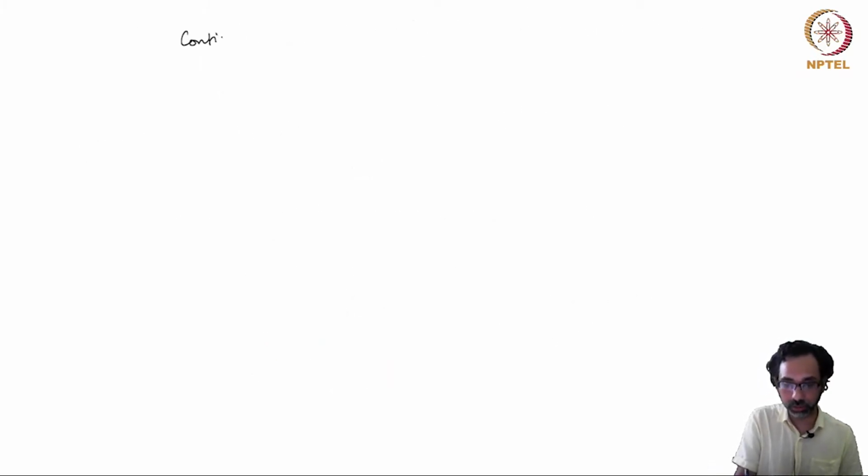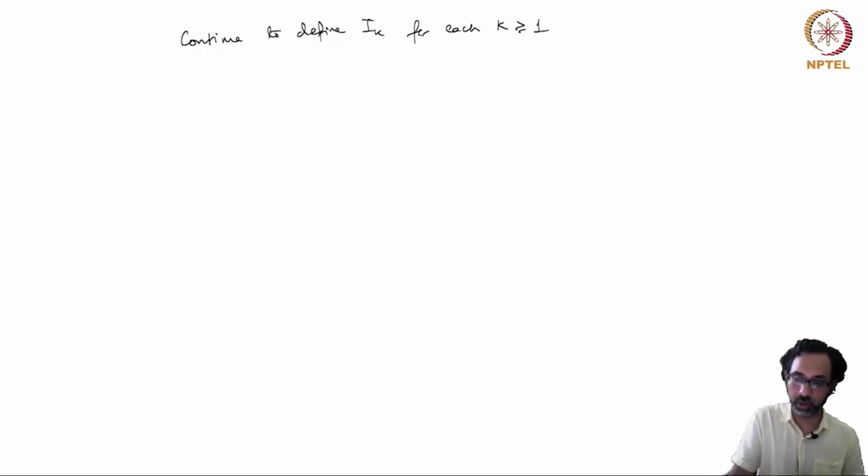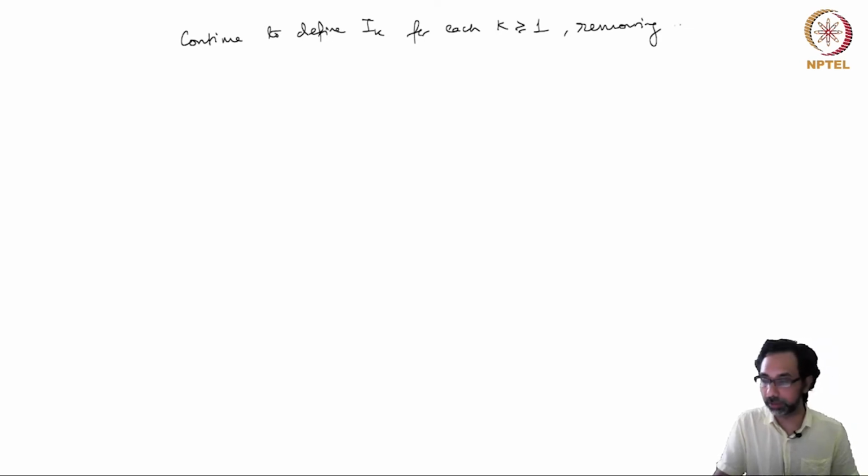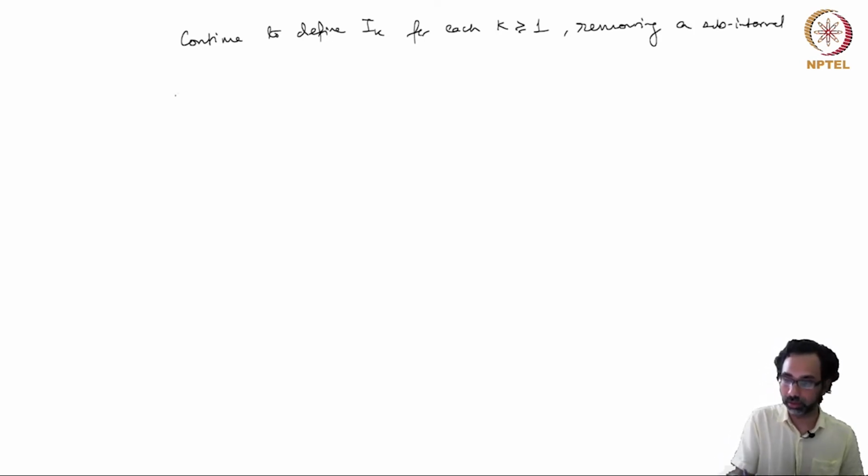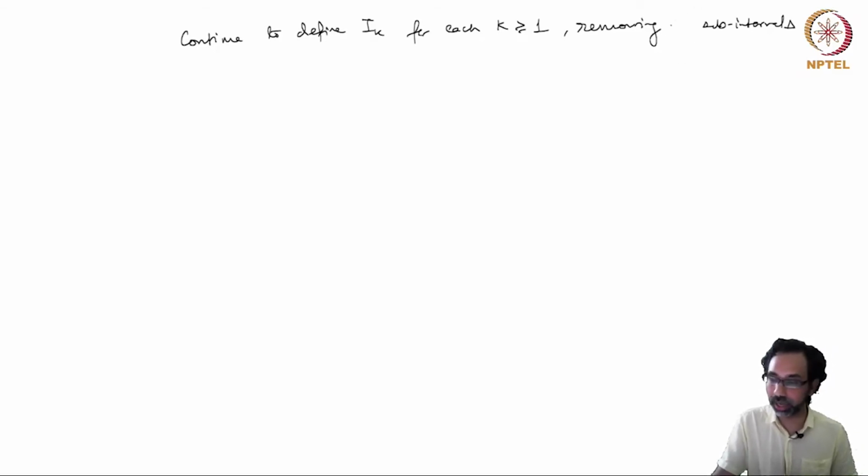So continue to define Ik for each k greater than or equal to 1, removing subintervals. In total, at the kth stage you will have 2 to the power k minus 1 subintervals that are being removed.